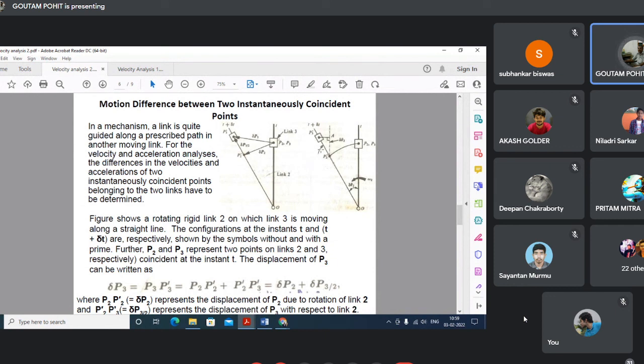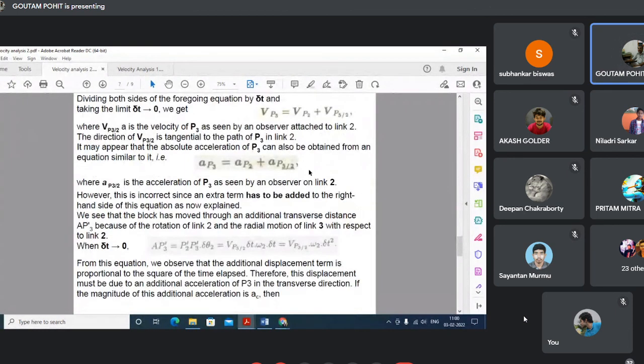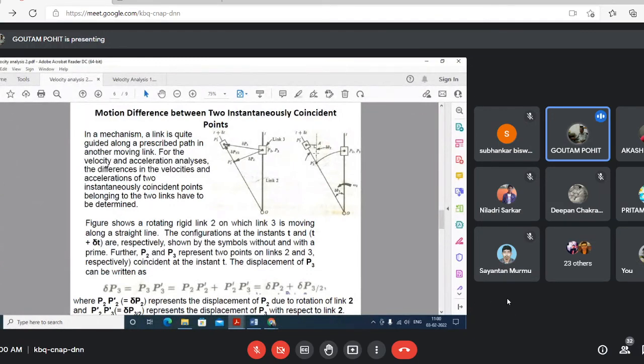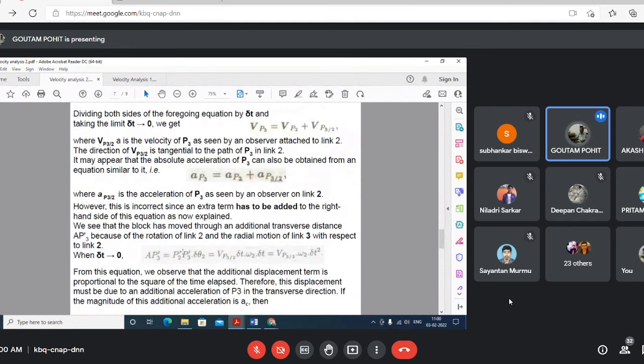And naturally, if we know this distance, this distance is this distance into this angle. That has been shown here. AP3 dash will be equal to this distance into this angle.